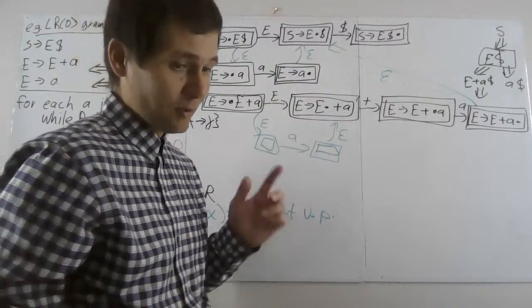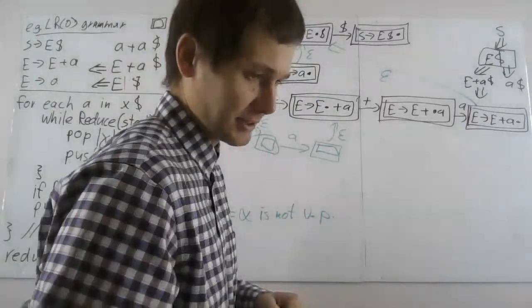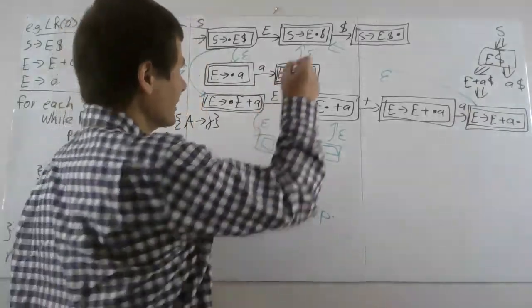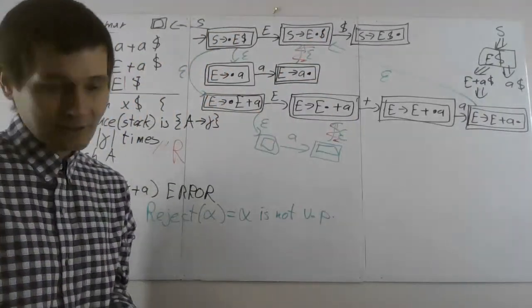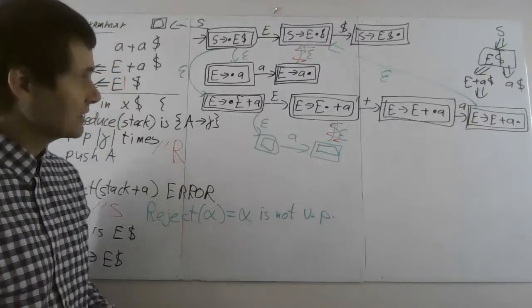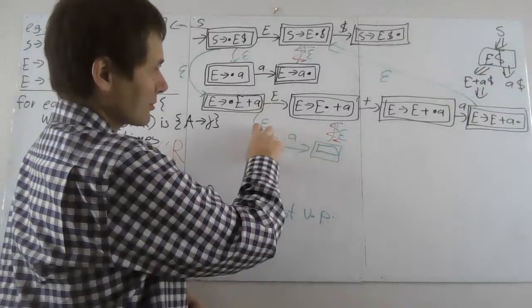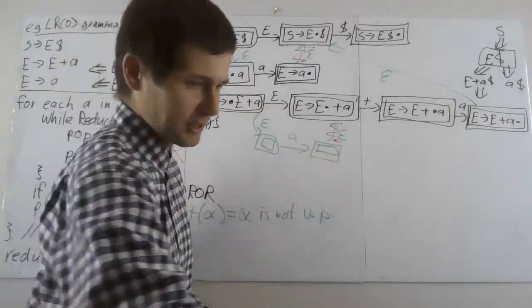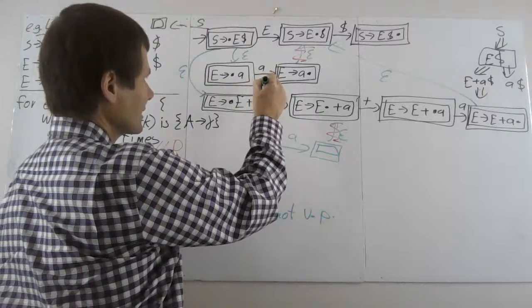All right. So if that epsilon transition wasn't there, let me cross it out. If those epsilon transitions were not there, then what could I do? Well, instead of creating two new states here, I could just reuse the states I already have.